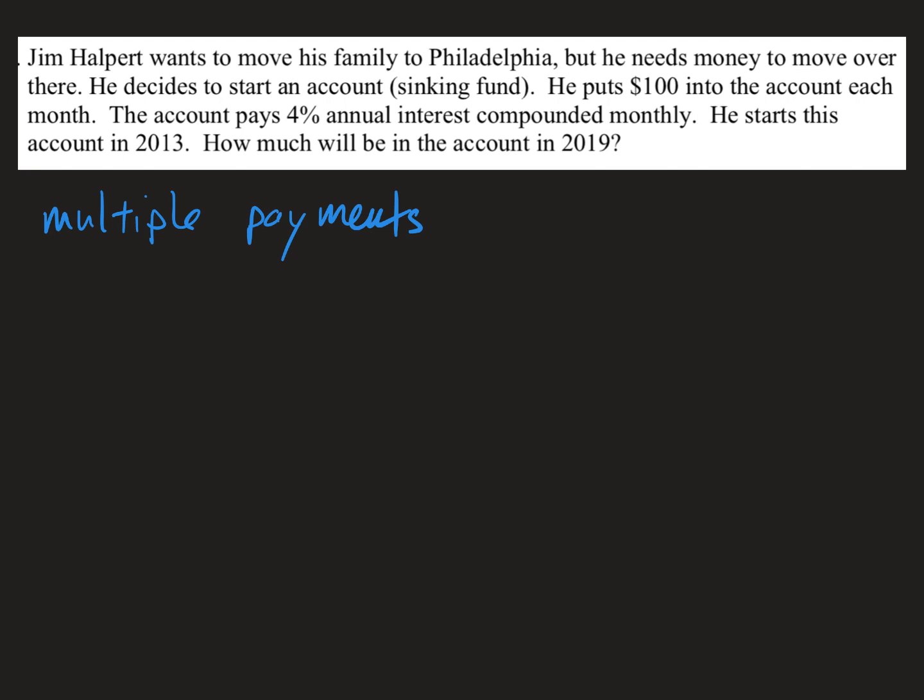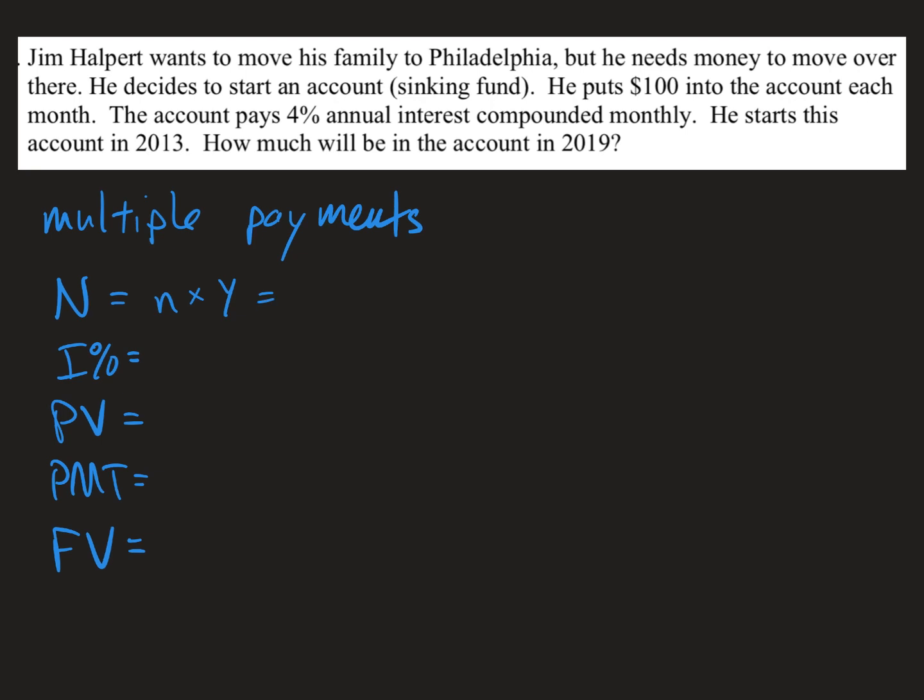The TVM solver has 5 different variables to fill in. So we have capital N, I%, present value, payment, and future value. Capital N is little n, or the number of times it's compounded, times the number of years.